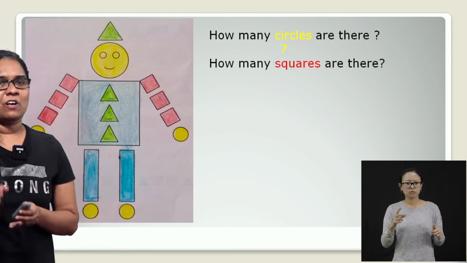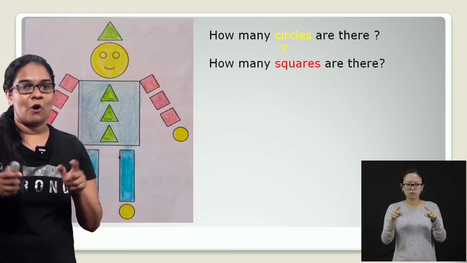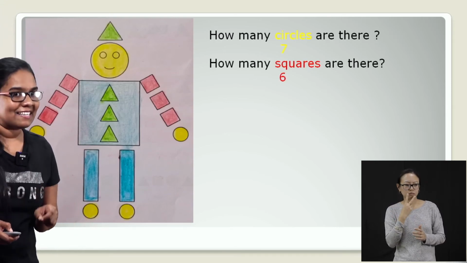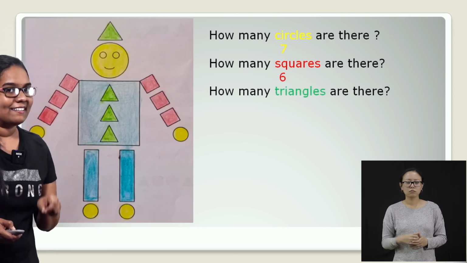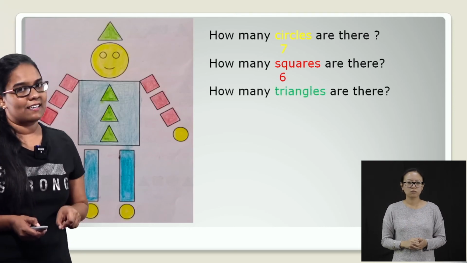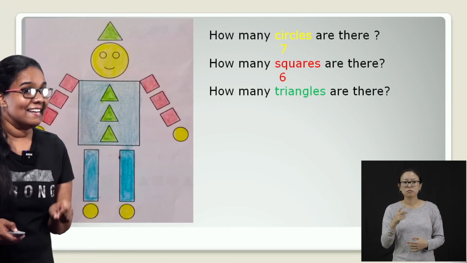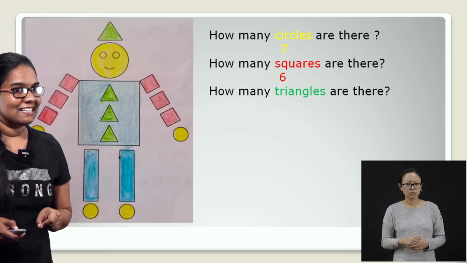Then, how many squares are there? You can see the squares in which color? Red color. Yes, 6 squares. Then how many triangles are there? You can see the triangles in green color. Yes, count the triangles.